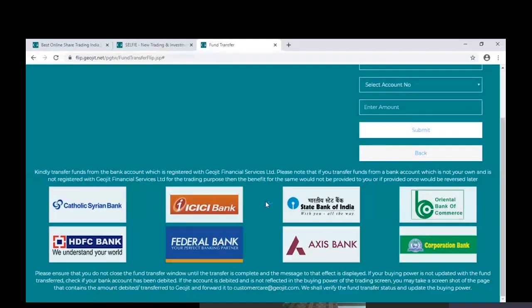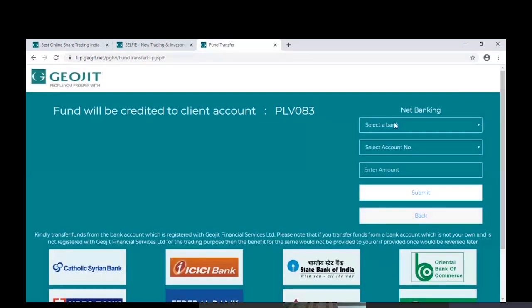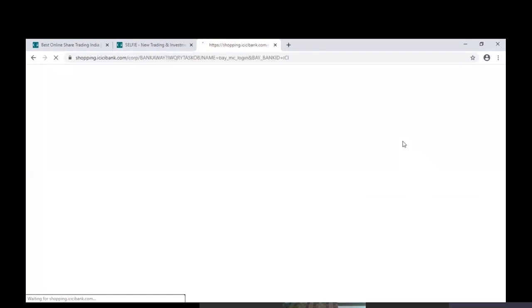When you come here, it will show which banks you are registered with. I can select the respective bank, and automatically my bank account number comes up. Mention the amount that you would like to transfer. Once you submit here, you will be taken outside to the respective bank page, and now the ICICI bank page will come in front of you.